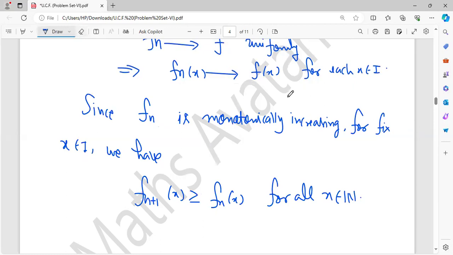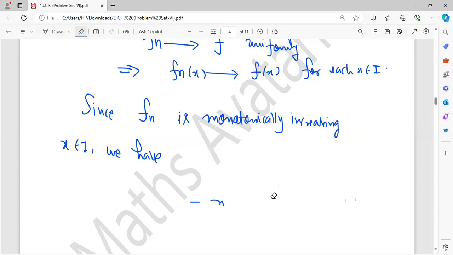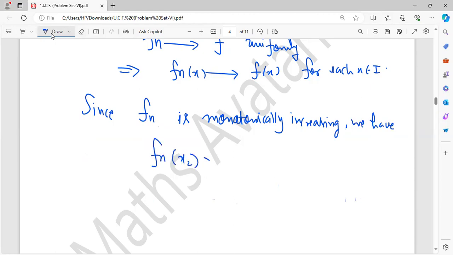Since f_n is monotonically increasing, we have f_n(x2) greater than or equal to f_n(x1) for all x1, x2 belonging to I with x2 greater than x1.